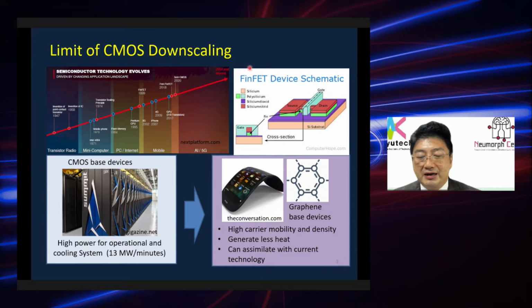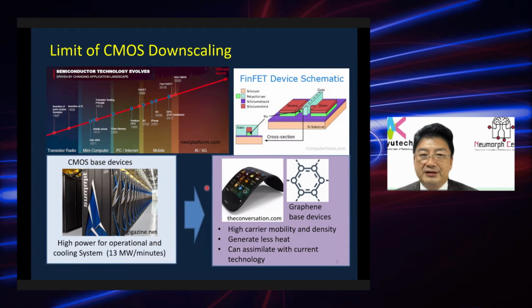And one of the reasons is nano downscaling of devices. And if we could repeat such downscaling, maybe the present supercomputer can be much smaller, like a mobile phone, in 10 years, 20 years.